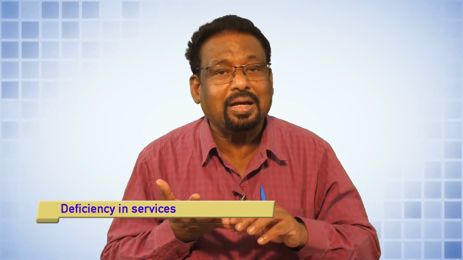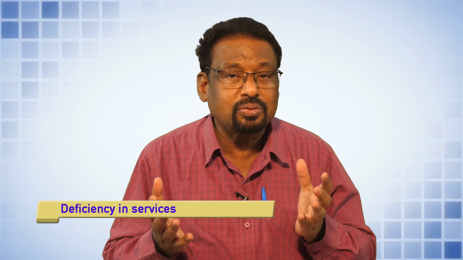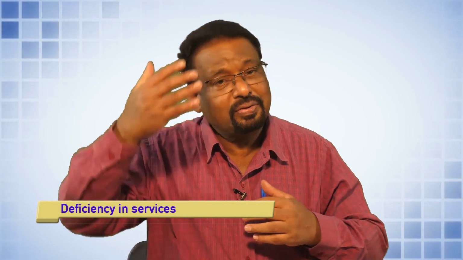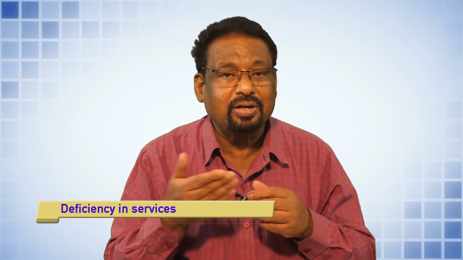Then deficiency in services. The deficiency in services relates to several services: banking is a service, insurance is a service, electricity is a service, education is a service, medical service is a service, house construction is a service. Likewise, transportation, air travel, railway travel, travel by road are also covered under services.